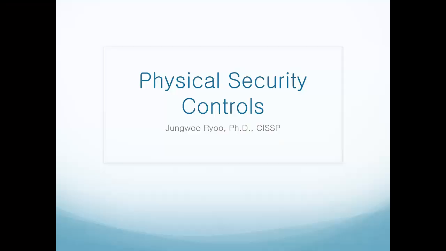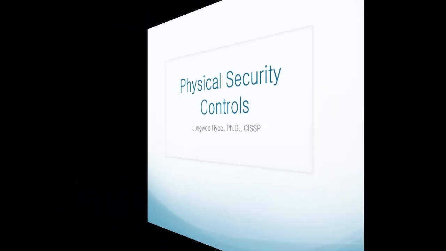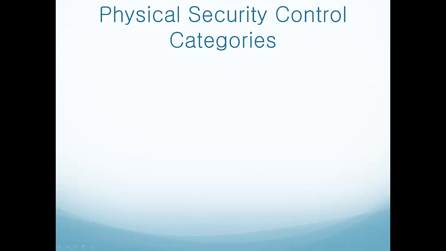In this video, we're going to discuss physical security controls. There are mainly three different categories of physical security controls. They are administrative, technical, and physical.